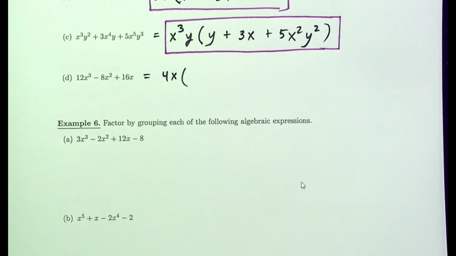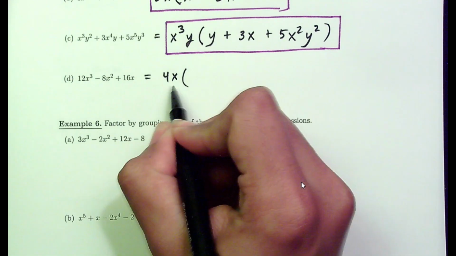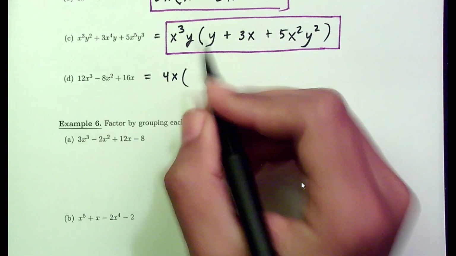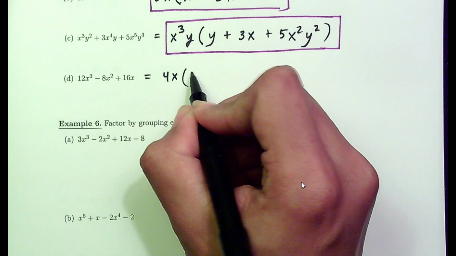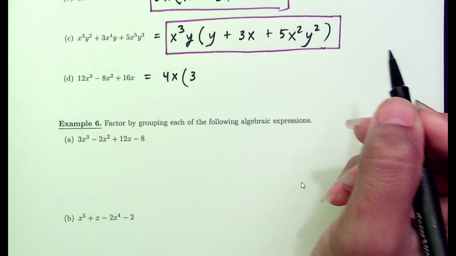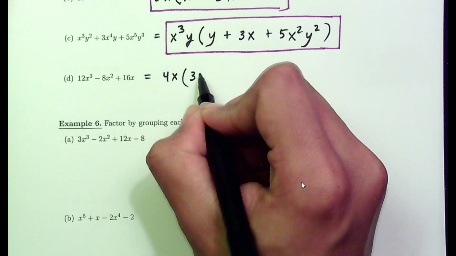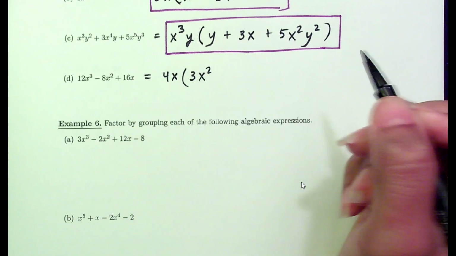And now let's think what we need to put in here to get back 12x cubed. I have a 4, I need a 3, so that gives me 12. And then I have 1x, I need x squared, that's going to give me x cubed.